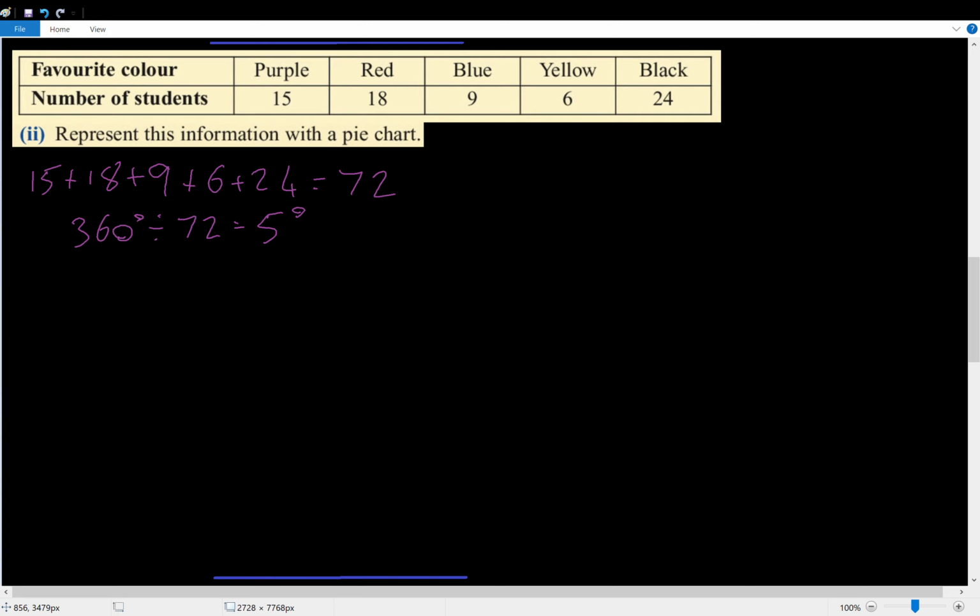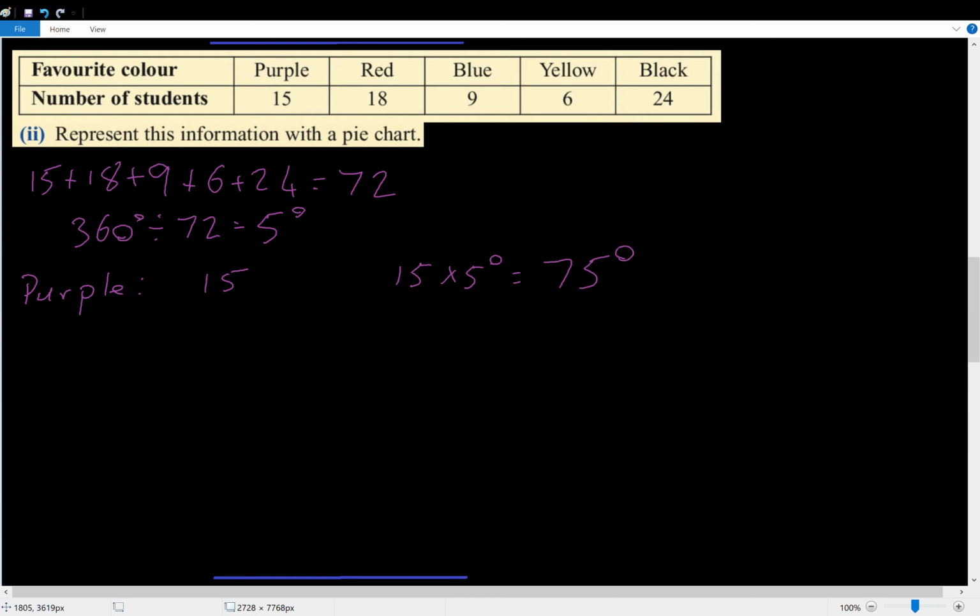And we can use that information to then figure out the necessary angle for all of the sections in this. And we'll do them one at a time. So we'll start off with purple. With purple, there are 15 people, which means that we're going to multiply 15 by 5 degrees, and from that we're going to get 75 degrees.